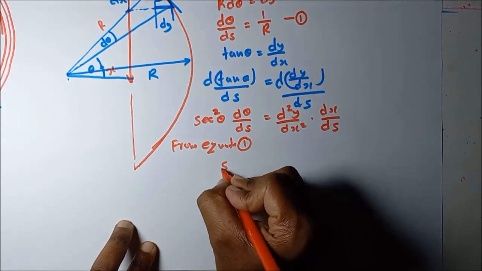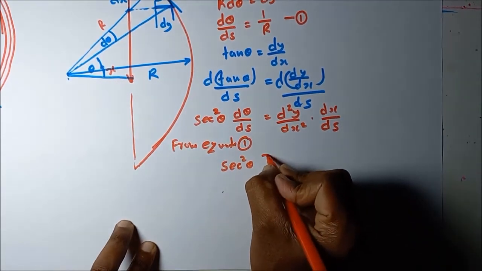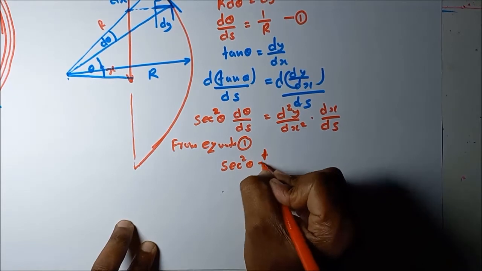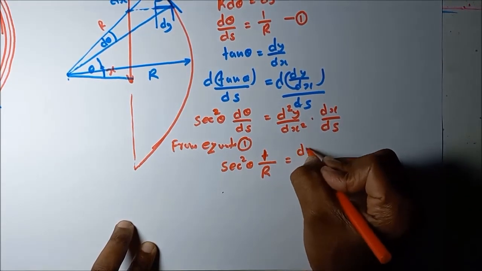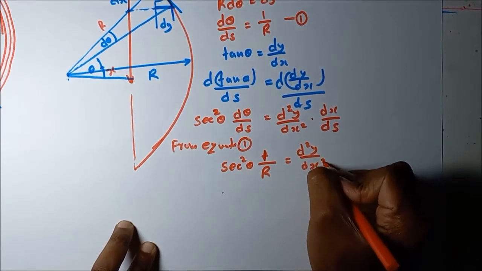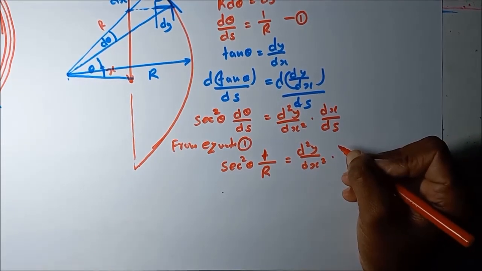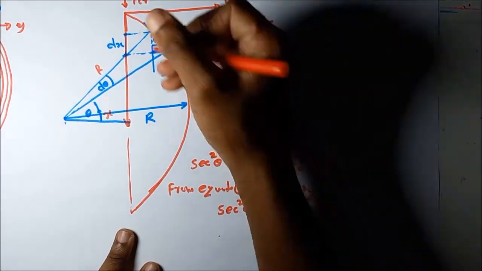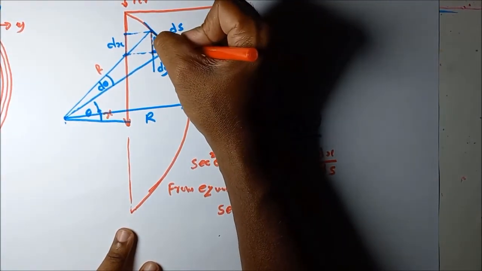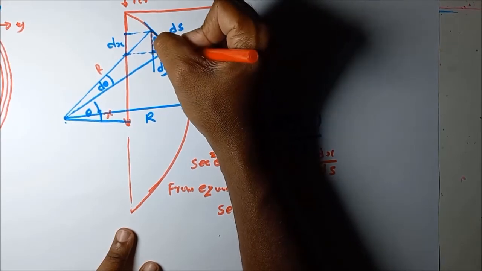So we can write sec square theta into 1 over r is equal to d2y over dx square into dx divided by ds from this triangle. What is meant by dx divided by ds? Dx divided by ds means cos theta.